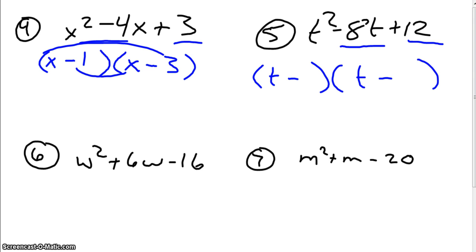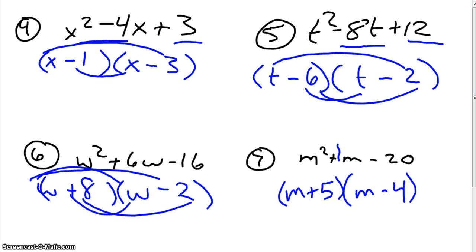So what factors of 12 add up to -8? 6 and 2, she thinks. So let's try that. 6 and 2. -2t, -6t. Is that -18? Yes. And look at +12. Good.